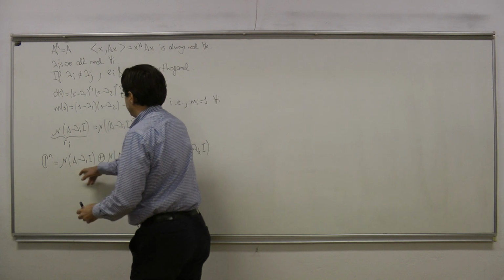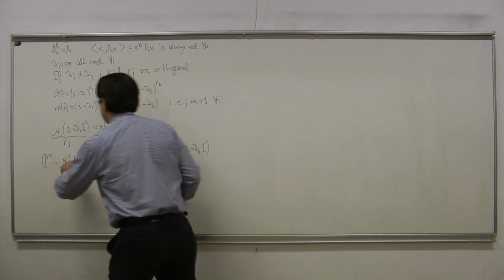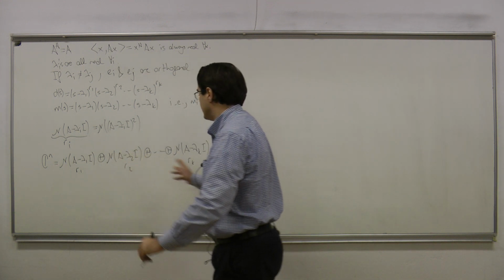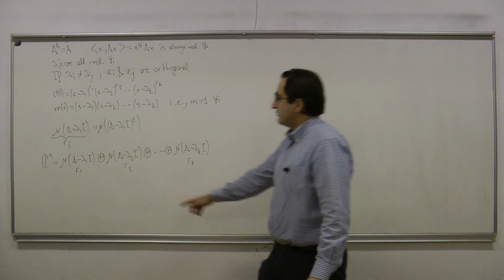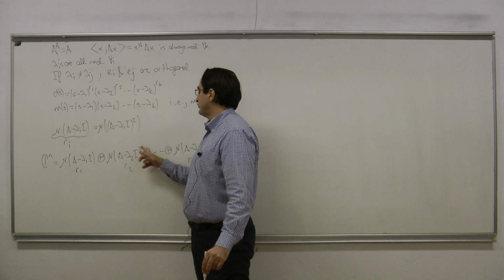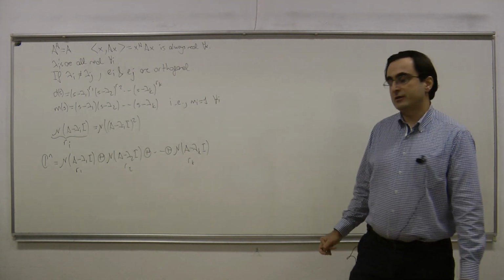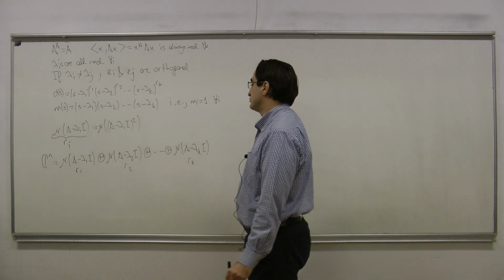And the dimensions of these spaces would be r1, r2 going until rk, just as in the general case, but the powers in the decomposition here would be all 1, because the minimal polynomial multiplicities would be just 1.